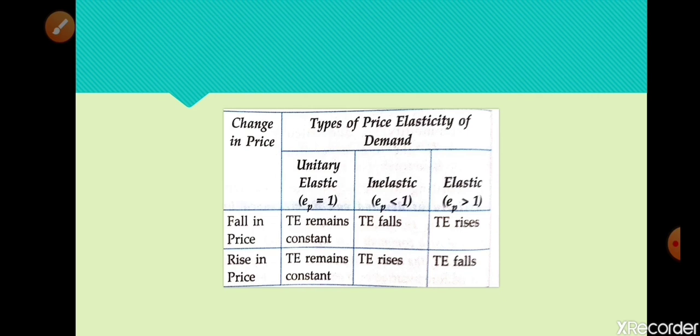It means EP is elastic in case of a rise in total expenditure due to a fall in price, and EP will be inelastic in case of a fall in total expenditure due to a fall in price.